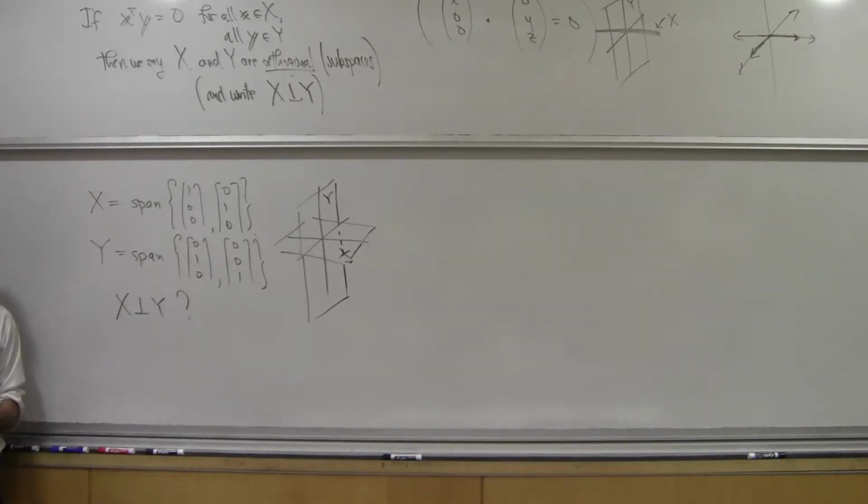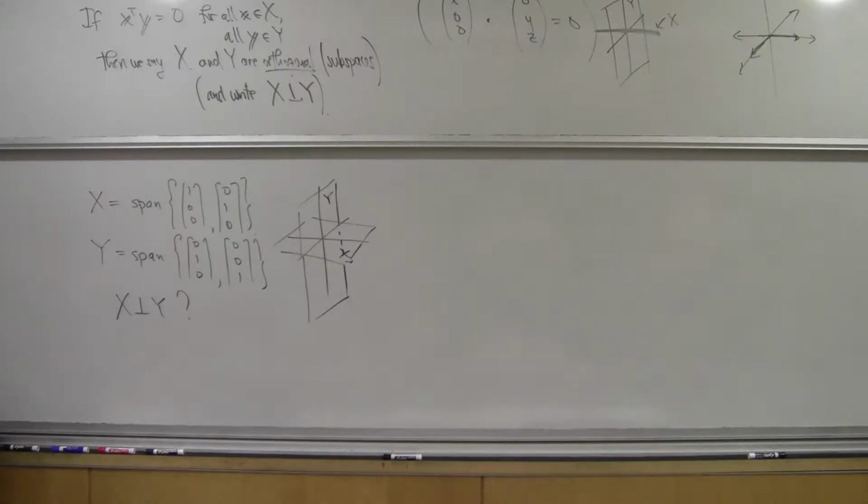Do these count as orthogonal subspaces? To be orthogonal subspaces means that if you take anybody in X and anybody in Y, then they're perpendicular to each other.